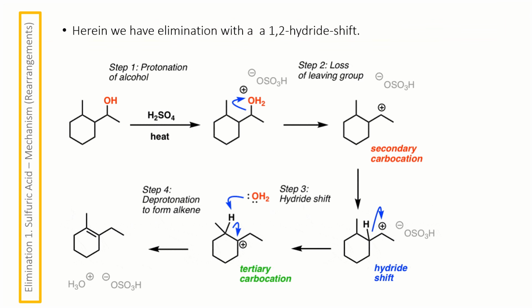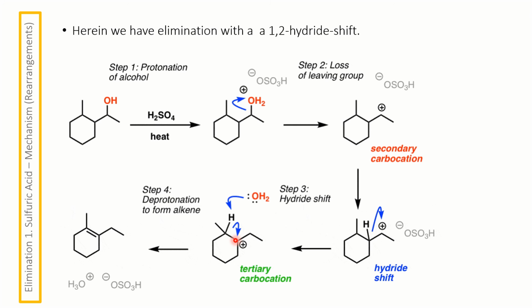And so in this example, you can see that we have the production of a secondary carbocation, but instead of elimination following this directly, we have a 1,2 hydride shift to give us the more stable tertiary carbocation.